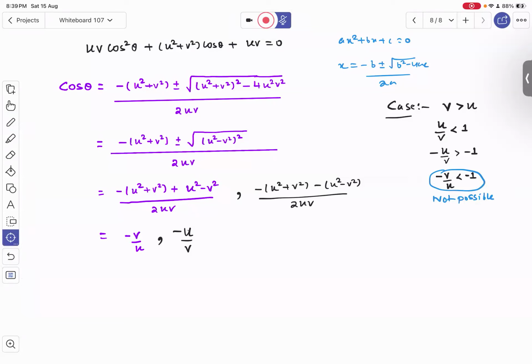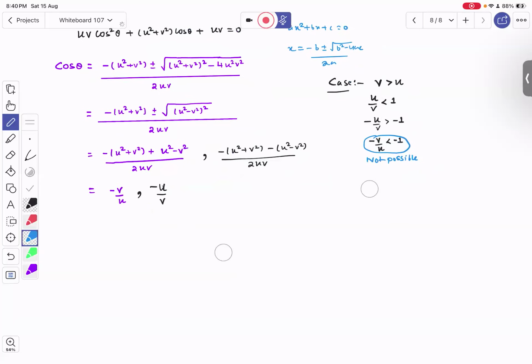Cos theta can never be less than minus 1. So this result, this black one, is applicable only when V is more than U. Another case: when U is more than V, U by V is going to be more than 1.